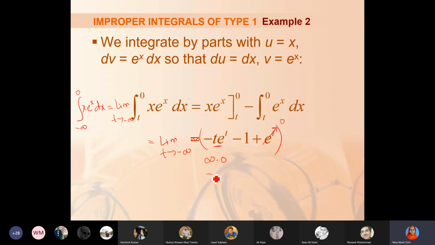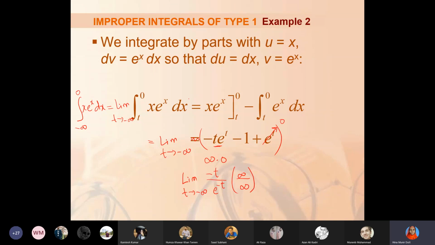So I can write it this way: minus t into e power minus t, I can take it this way. Now what would be the limit? Infinity in the numerator and infinity in the denominator, e power minus minus infinity, which is e power infinity, which is infinity. So this is infinity over infinity form.